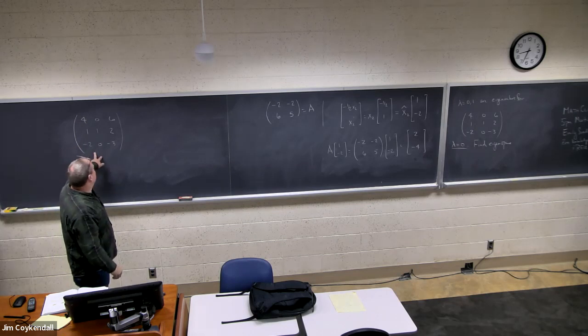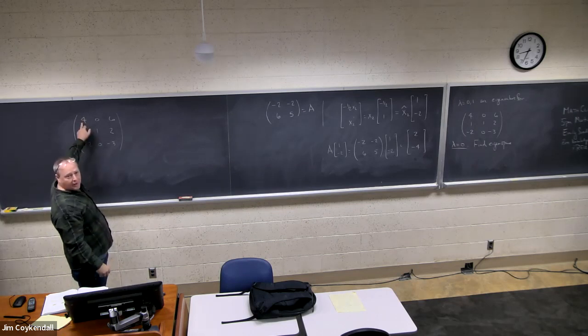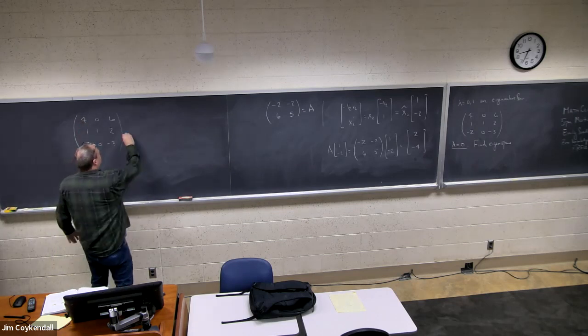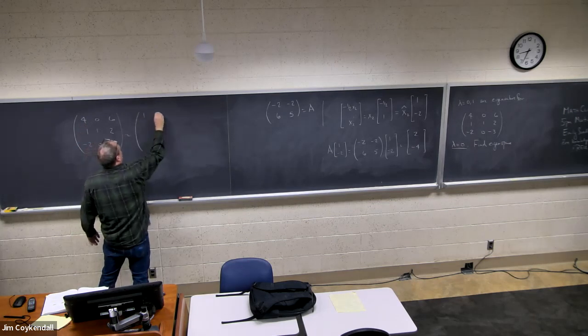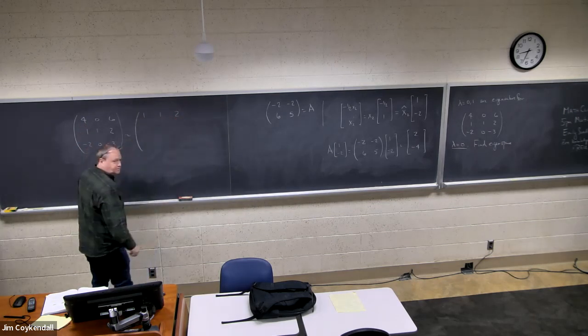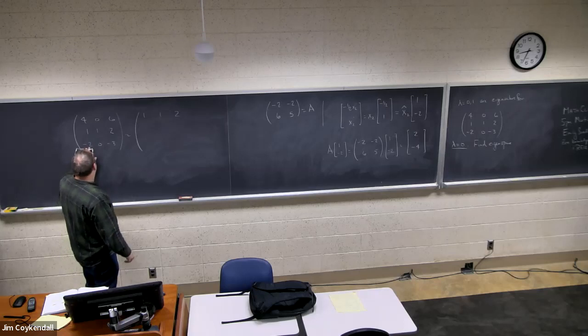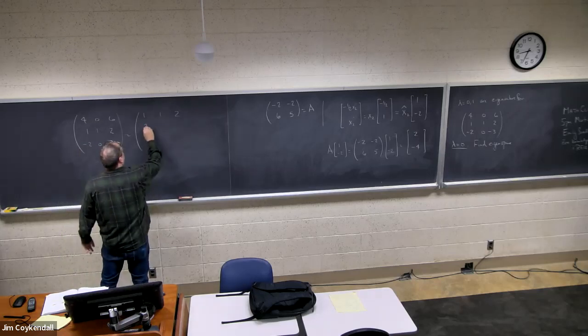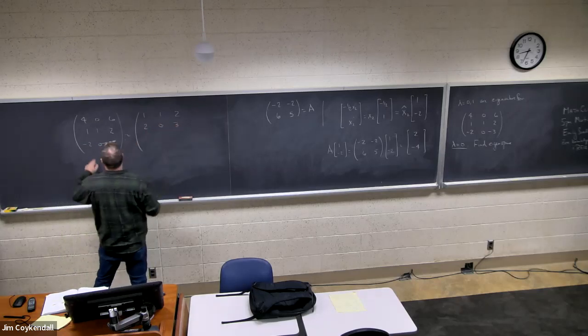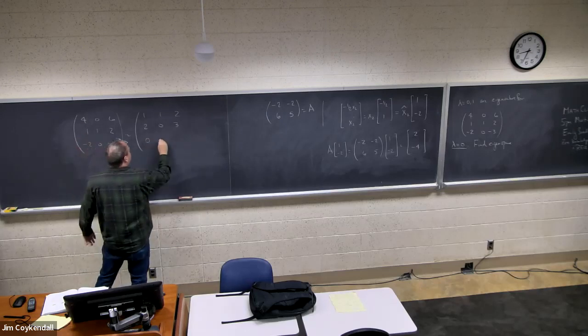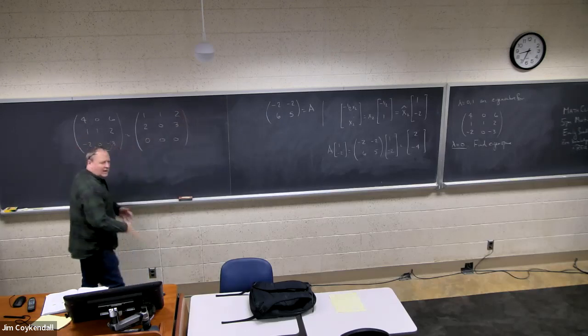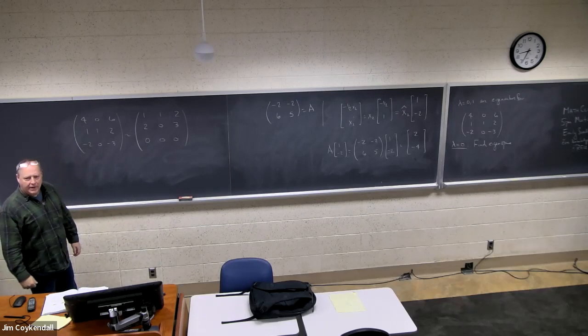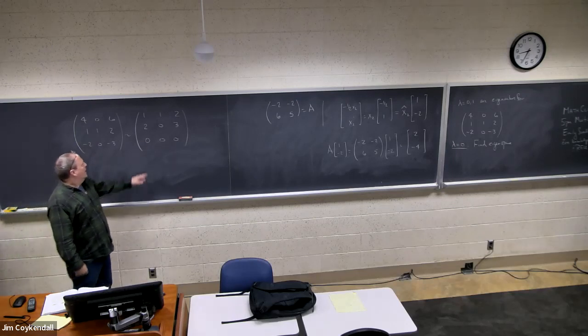Okay, everybody agreed this bottom row can kill this top row, right? So I'm going to do a lot of moving around. I'm going to put the middle row on the top, 1, 1, 2. I am going to put this one here with the sign change, and this row comes to 0. So I did a lot of moving around there. Are you all comfortable with that?